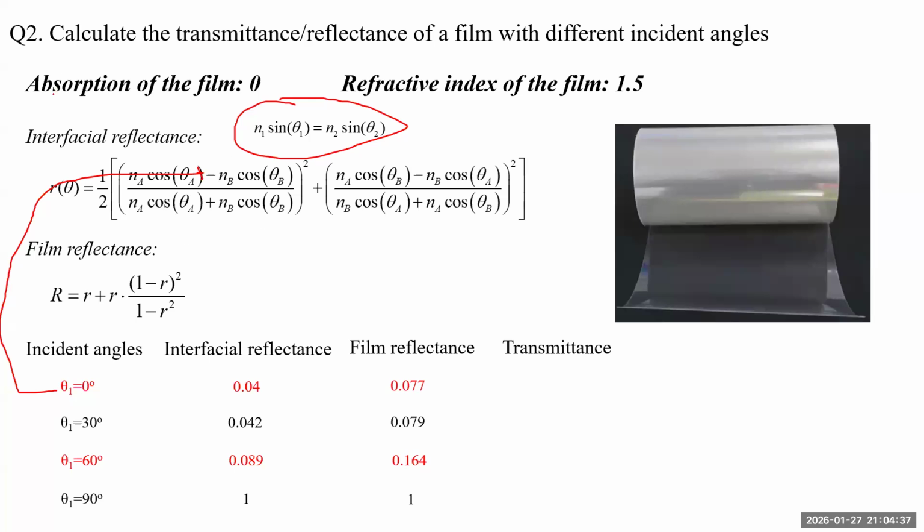So when the absorption of the film is equal to 0, the sum of the transmittance and reflectance is 1, and we can calculate the transmittance according to the film reflectance. We can see that the sum of the film reflectance and the transmittance is always 1, right?